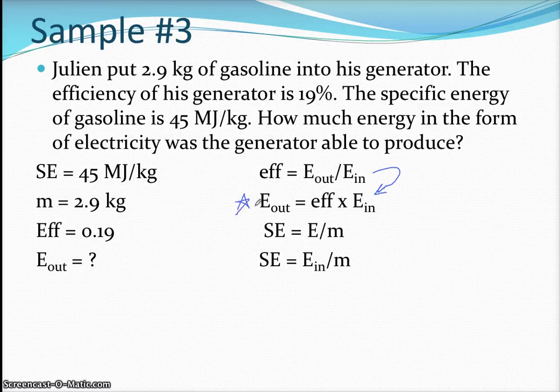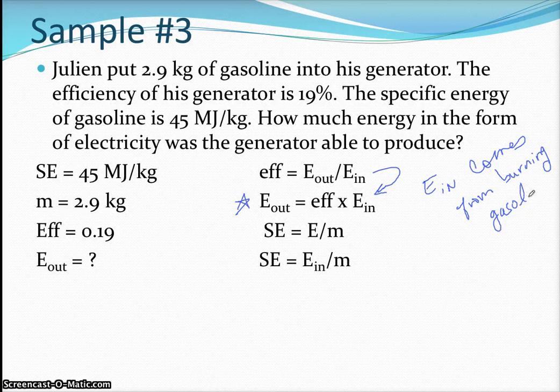So here we have energy out is efficiency times energy in. Now, where are we getting this energy in from? That's the key. The energy in comes from burning gasoline in the generator. So we need to find that.